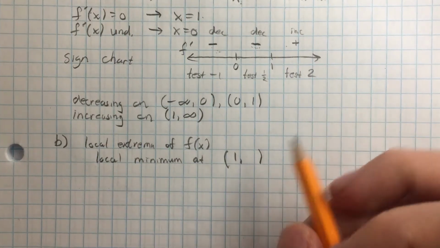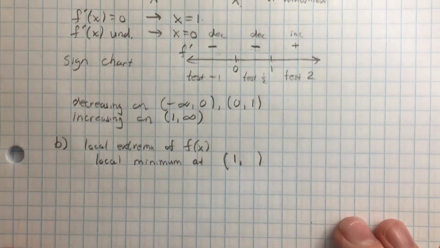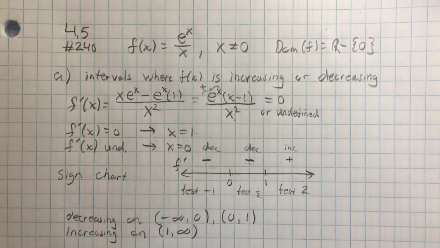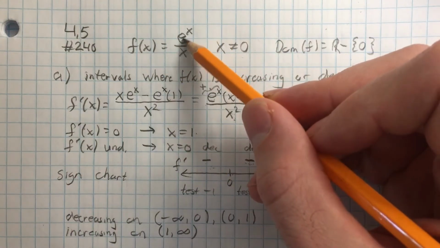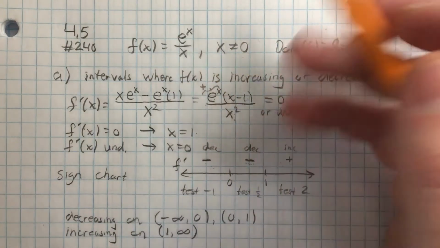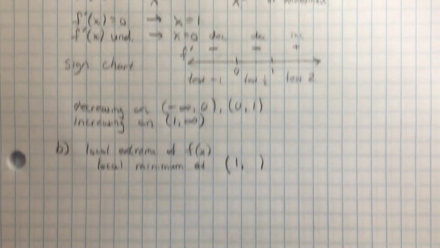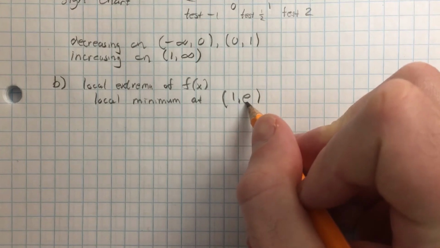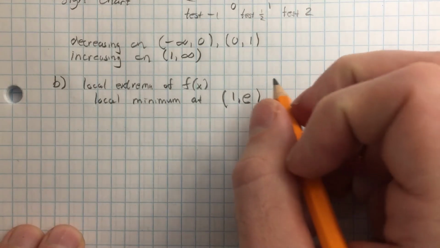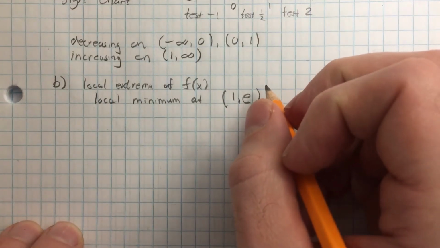Okay? So we just need to plug the 1 back into the original function. So let's look back at what that was. It was e to the x on x. If I plug 1 in, f of 1 is certainly just e to the first over 1, which is e. So the local minimum is happening at e. All right, great. So part B is taken care of.